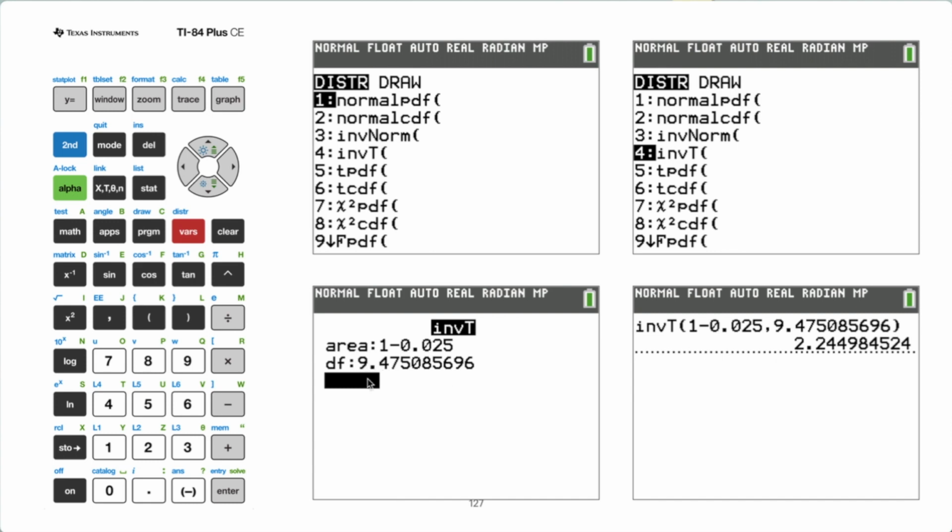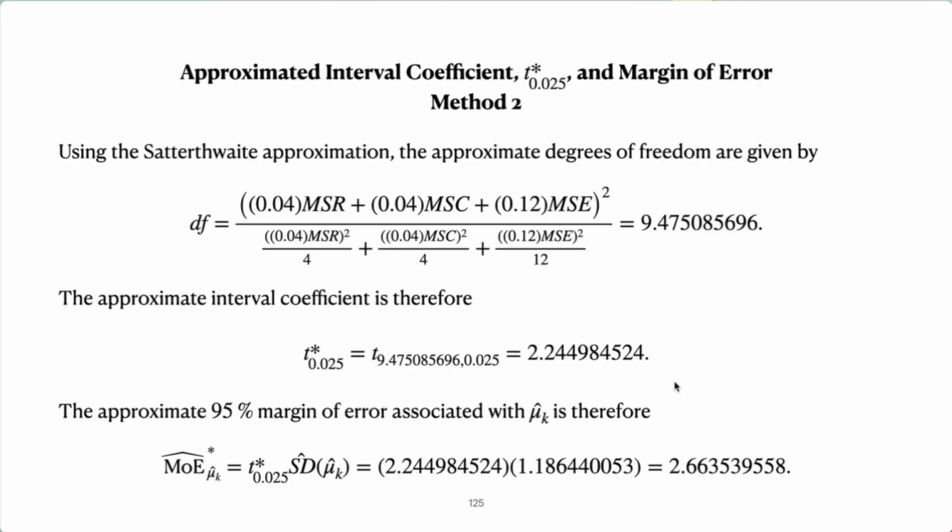And then we enter in the approximate degrees of freedom, which was 9.475085696. Press the enter key, and that pastes that function into the calculator display. And then press the enter key again, and that returns the t value, the interval coefficient for that particular number of degrees of freedom and the left tail area here. So 2.244984524. And again, that's what we got right here.